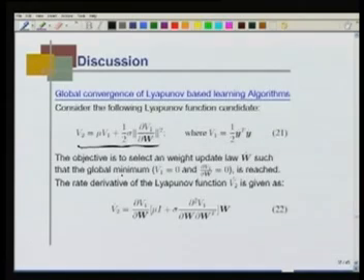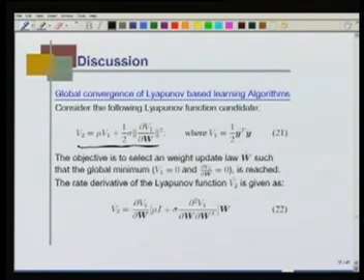So, the objective is to select the weight update law W dot such that the global minimum V1 equal to 0 and del V1 by del W equal to 0 is simultaneously reached.